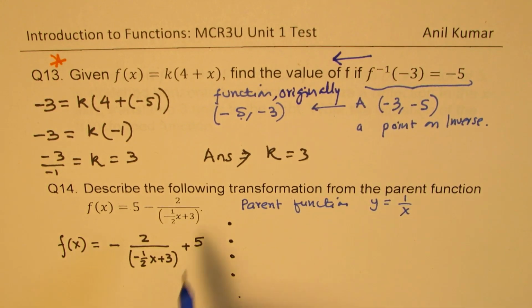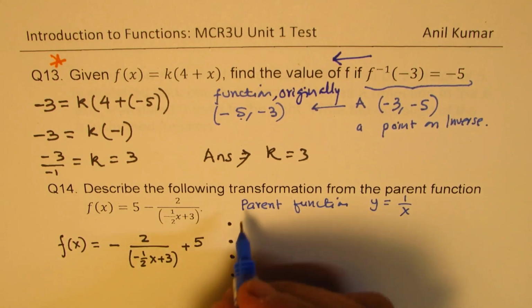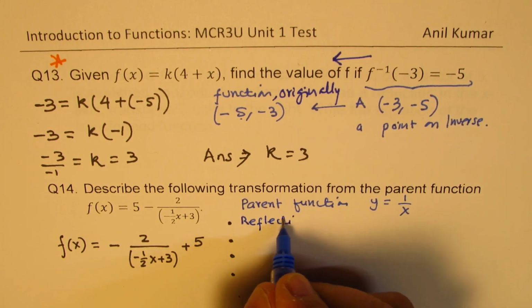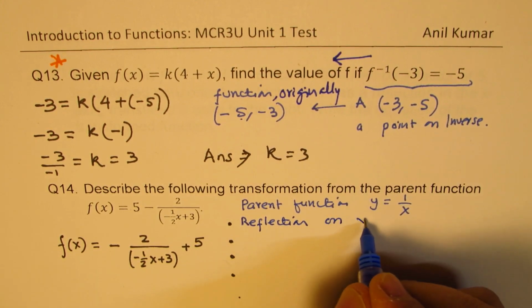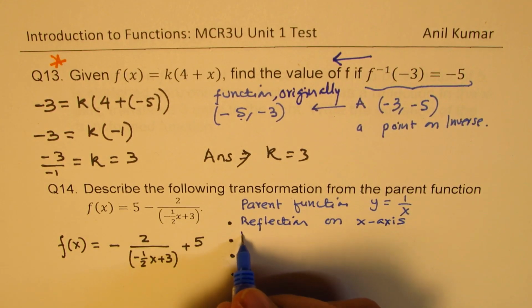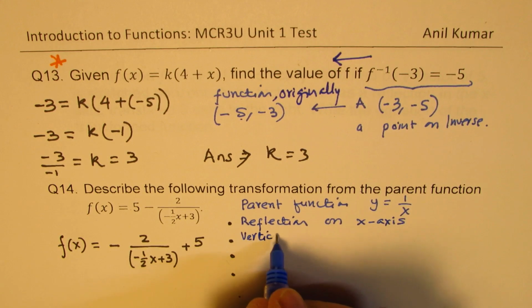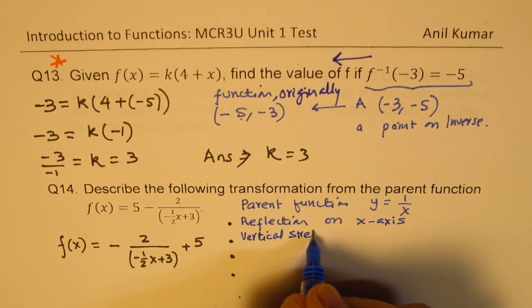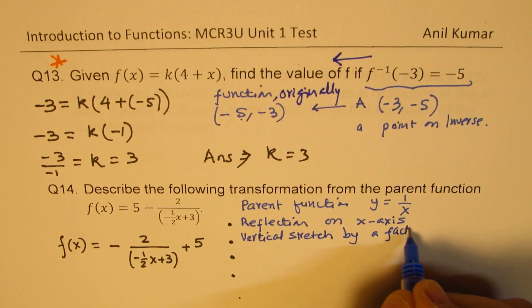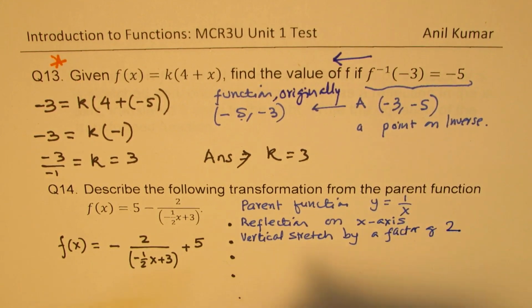Okay. So to begin with, this minus is a reflection on the x-axis, right? Now this 2 is a vertical stretch by a factor of 2.